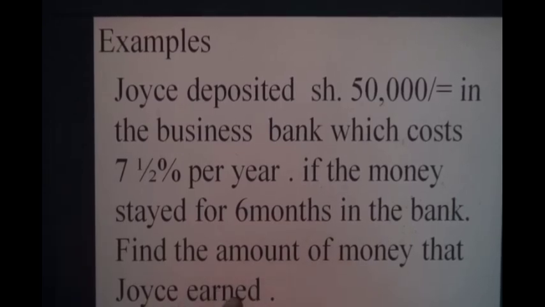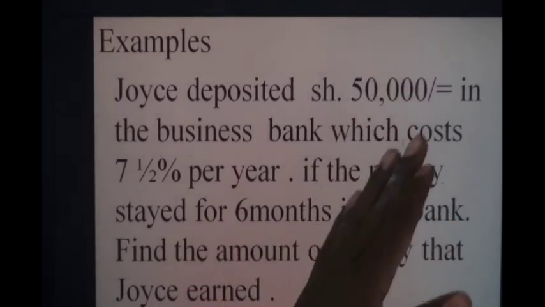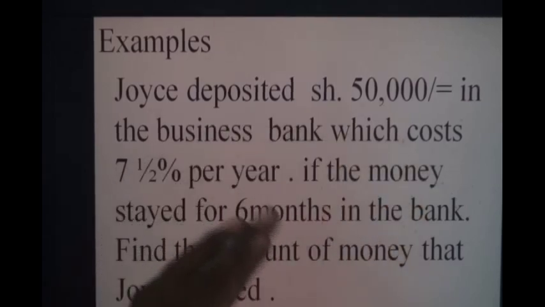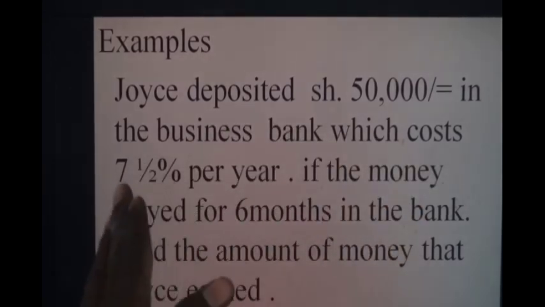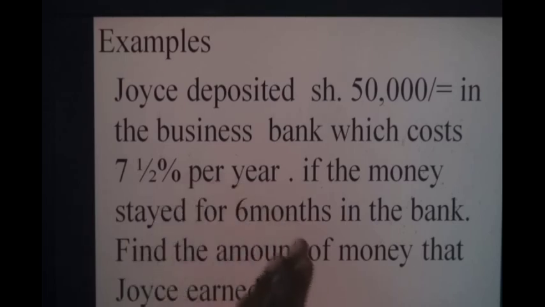So the amount that was deposited, the initial amount that is called the principal, is 50,000, and the rate that is expressed in terms of percentage is 7.5% per year. And the time that the money stayed in the bank is 6 months. So we need to convert these 6 months into years.